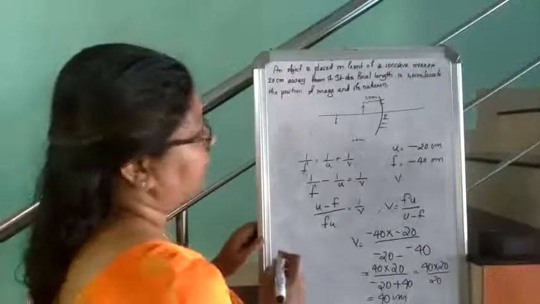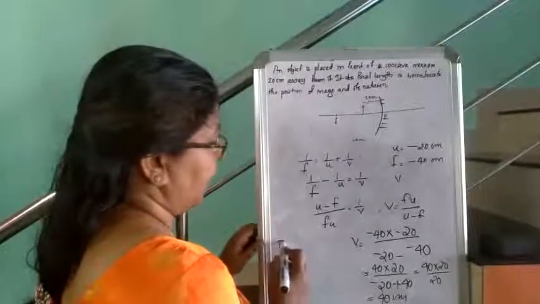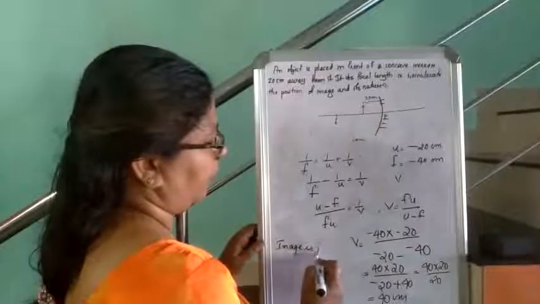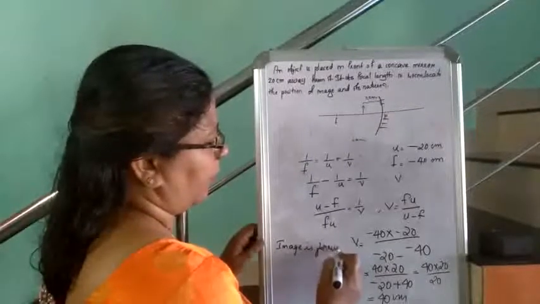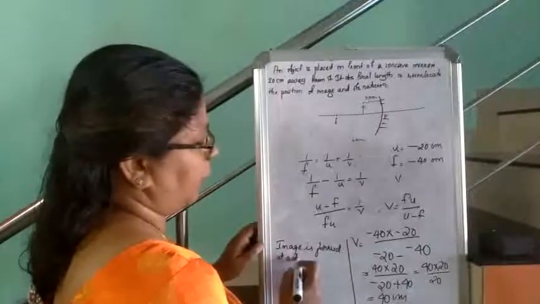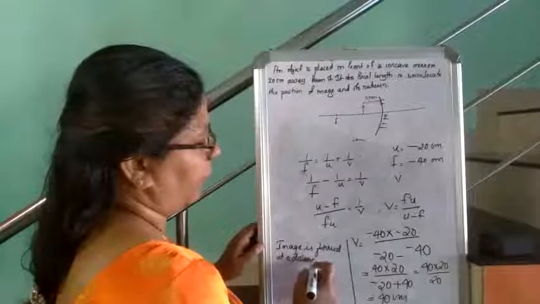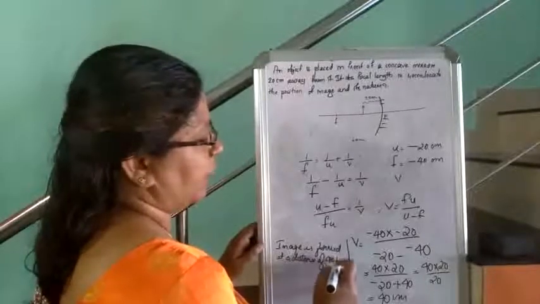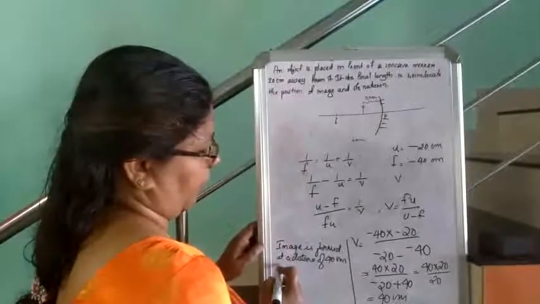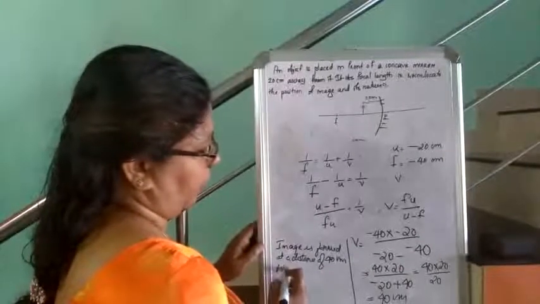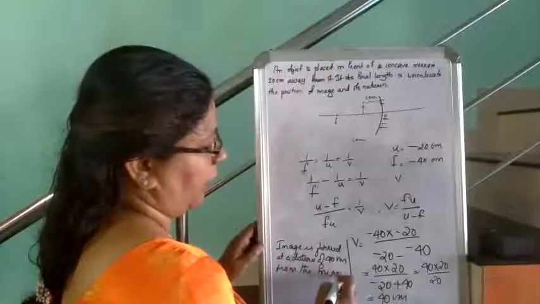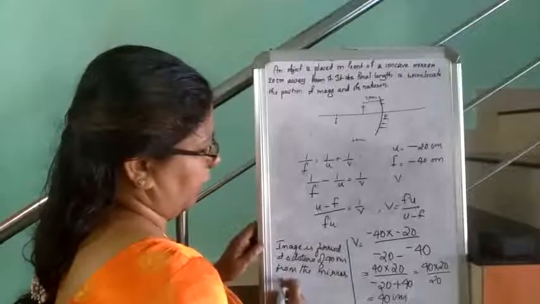The nature and the position of the image, you can write as: image is formed at a distance of 40 centimeter from the mirror, inside.